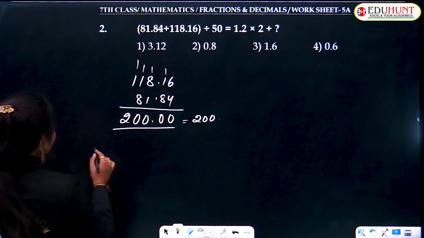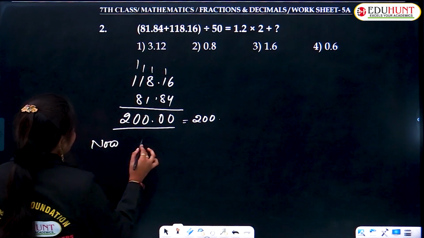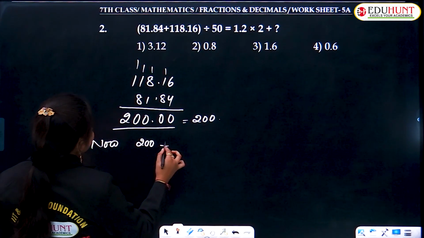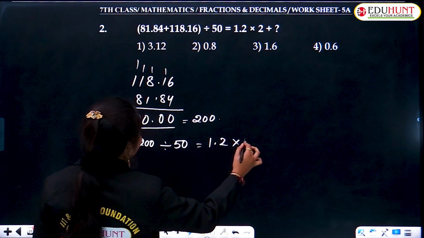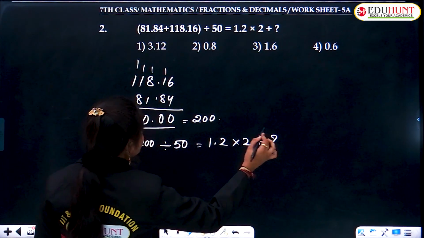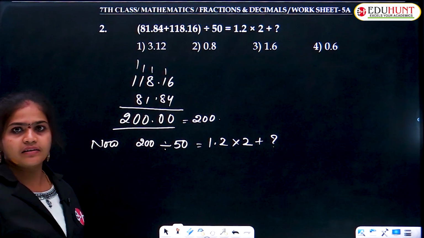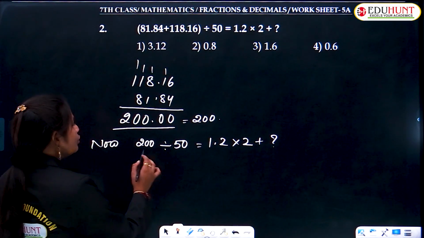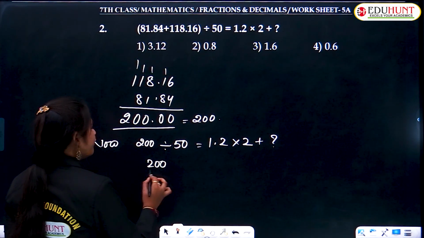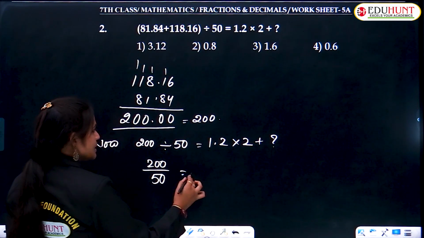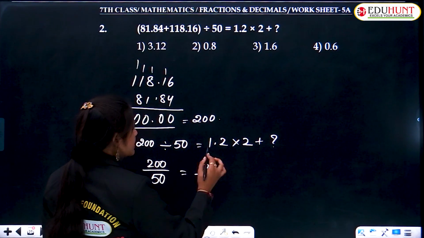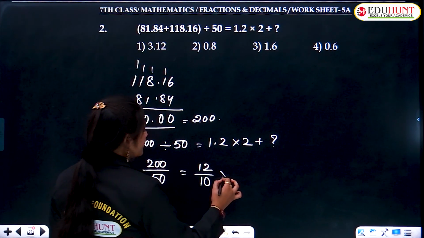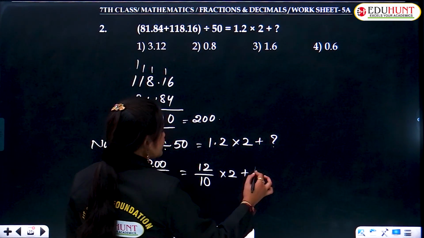Now, 200 divided by 50 is equal to 1.2 into 2 plus something. How much are they asking? This is the given question, right? 200 divided by 50, which is 1.2, we can write this as 12 by 10, into 2 plus some number.